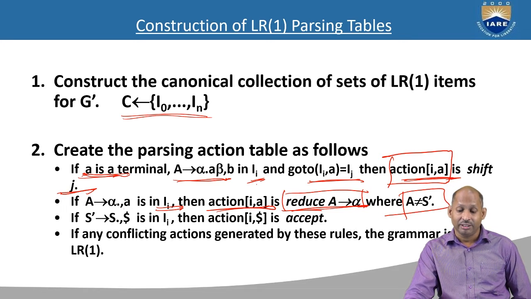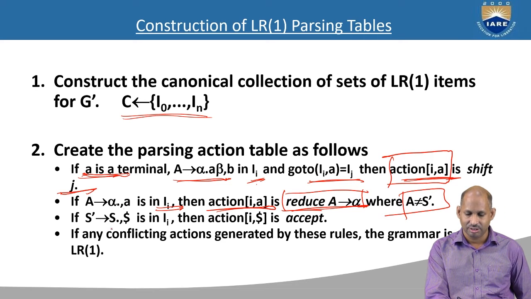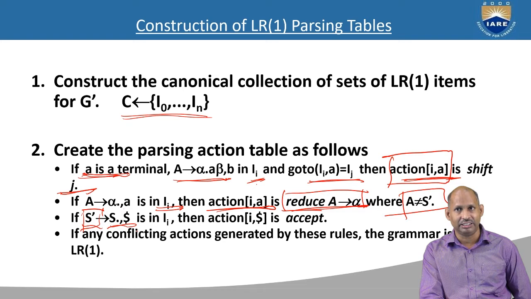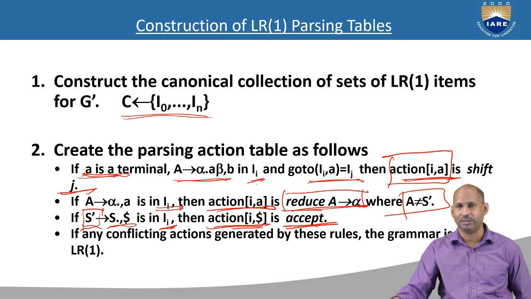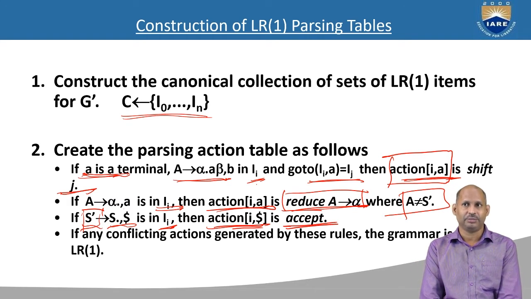Then if A equals S dash, with the dot at the end and dollar sign as the additional information in I, then action[I, dollar] is simply accept.